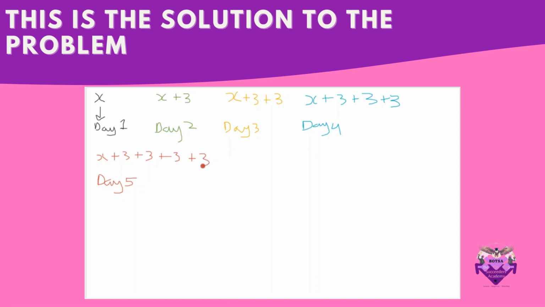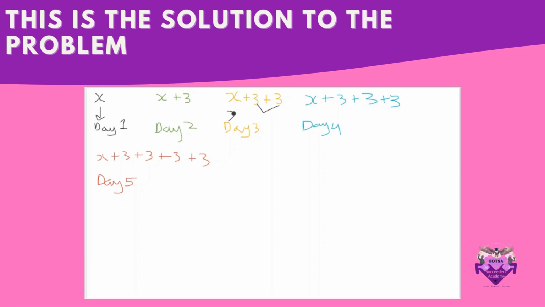So since we have all this information, what do we do? Well, before we actually make an equation to figure out the value of X, because the question wants us to solve how many tickets he sold on the third day, we are going to simplify. Well, we can simplify this one, right?